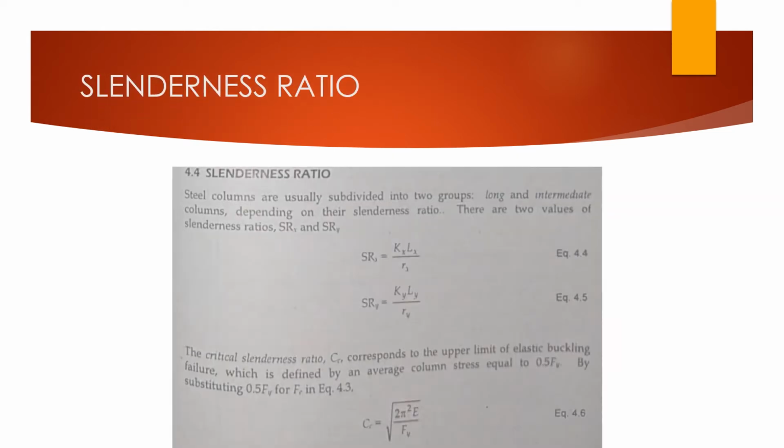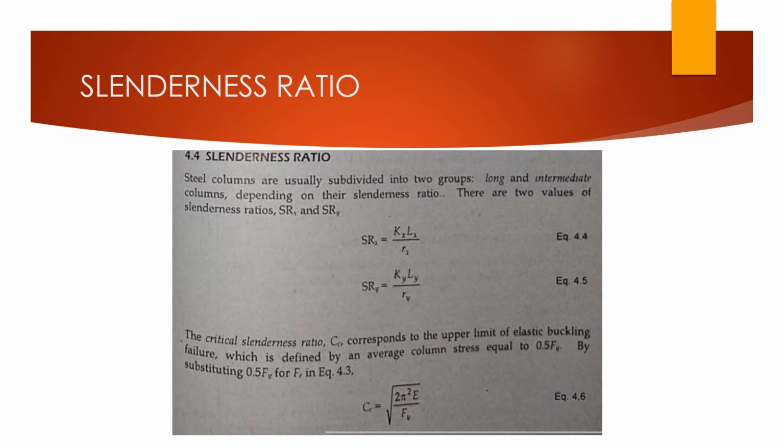Slenderness ratio. Steel columns are usually subdivided into two groups, long and intermediate columns, depending on their slenderness ratio. There are two values of slenderness ratio, SR sub x and SR sub y. SR sub x is equal to K sub x times L sub x over r sub x, and SR sub y is equal to K sub y times L sub y over r sub y.